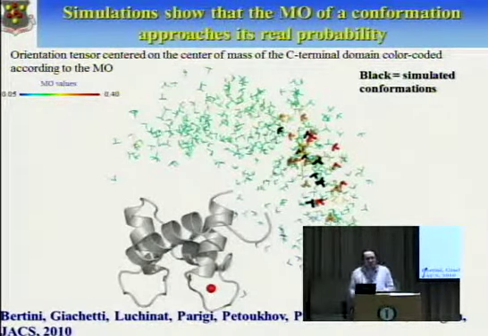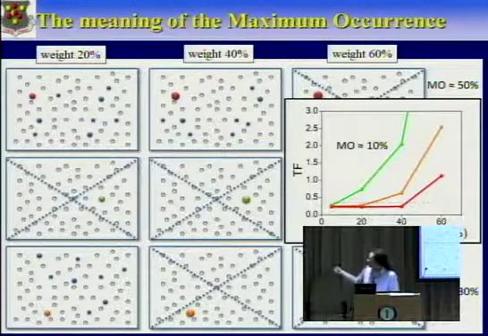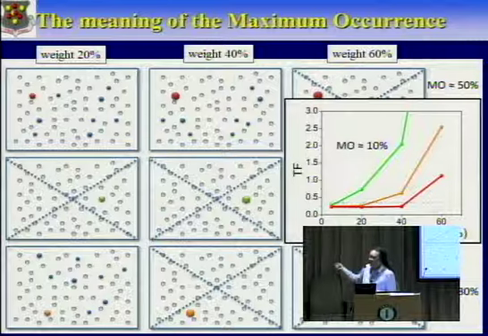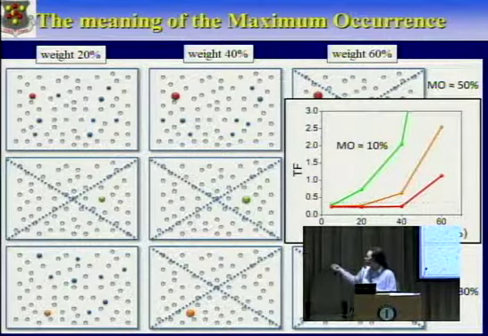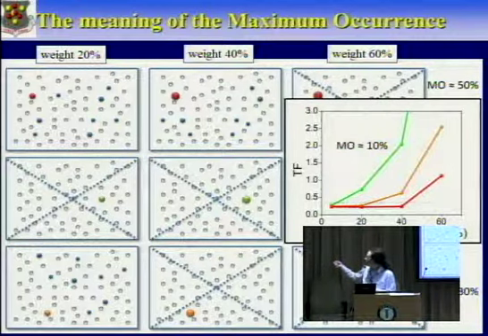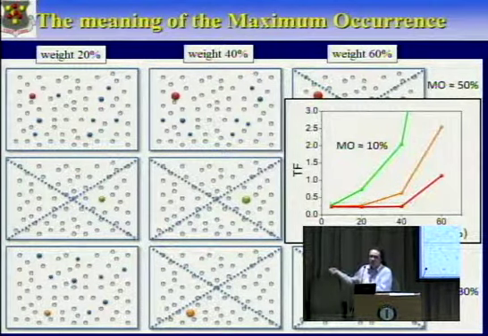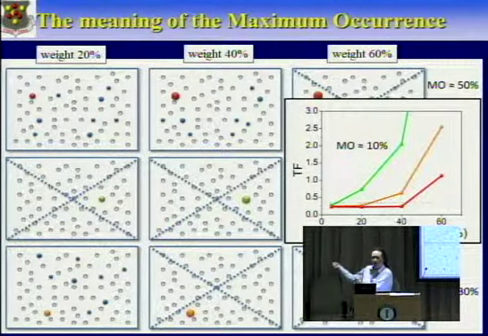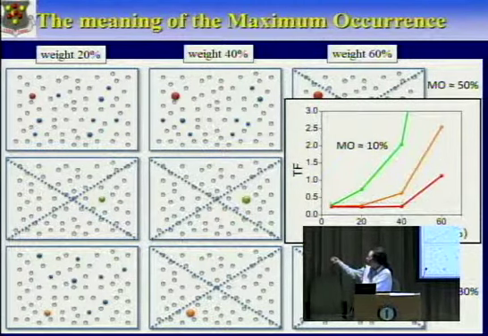So this is just how much you can raise this weight. It doesn't really mean that the structure will exist 40% of the time in solution, because it depends on how you select, but this is random, the other members of the ensemble. So it's just a relative scale in practice.